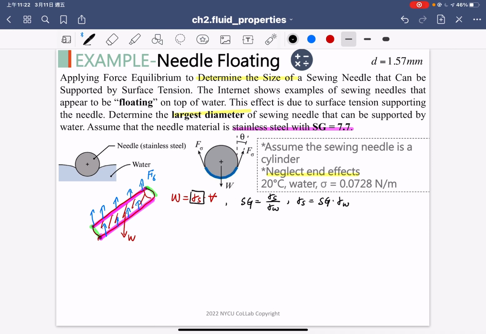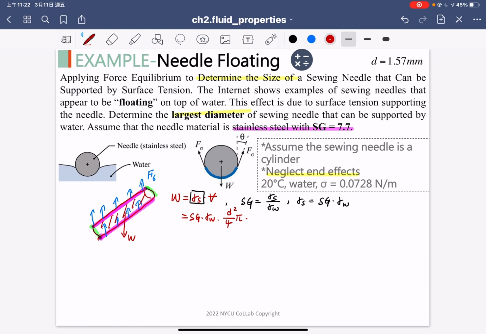Then we can put the formula, go back to the equations. So the weight is equal to the SG multiplied by the gamma W. As we know, the volume in here is a cylinder. So we know that pi d squared over 4 is the area, multiplied by the length.